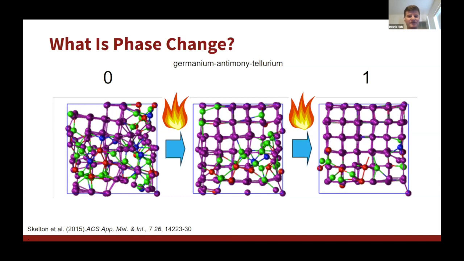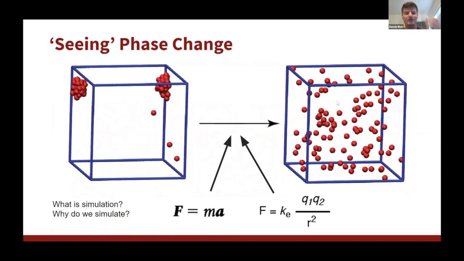So maybe using the word phase isn't the best, but they are changing their organization, and we can tell using nano characterization exactly what state they're in. And so this functions well as a memory.